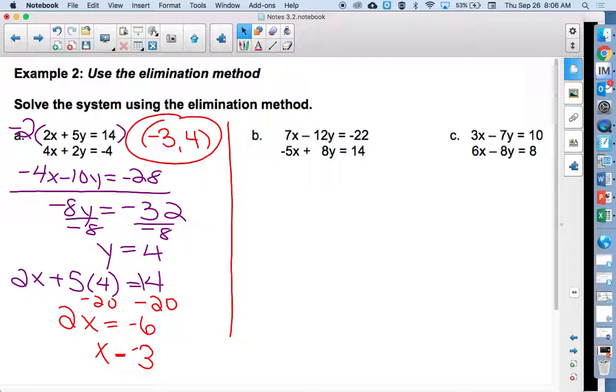Anybody else have questions that I can come around and answer? Sometimes you have to multiply both equations to get true equations to work with.